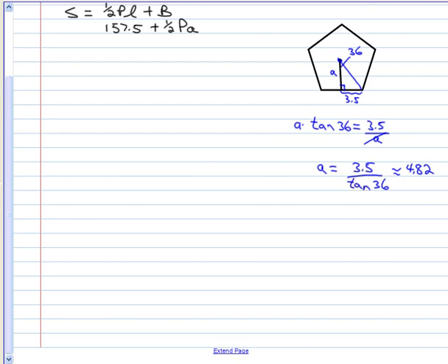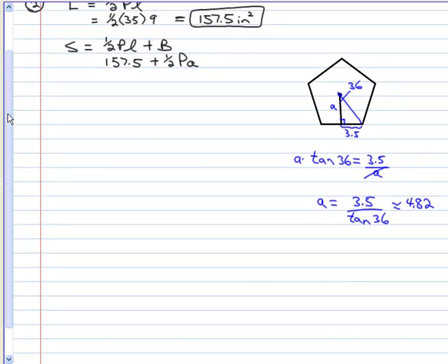So now that we know the apothem length, 157.5 plus 1/2 our perimeter, which is still 35, times our apothem, 4.82. And now to the nearest tenth, what do you get for a surface area of this thing?